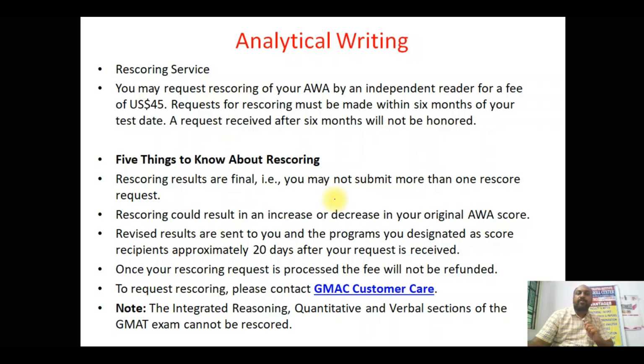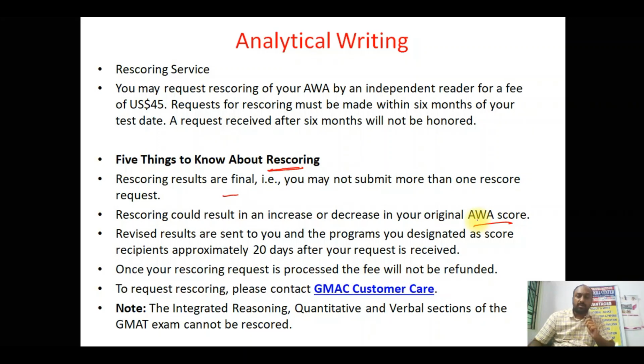Right? Now, five things that are very important. Rescoring. What is rescoring? Rescoring results are final. You may not submit more than one score request. Rescoring could result in an increase or decrease in your original AWA score. This is what I am saying: AWA, there is no big deal.